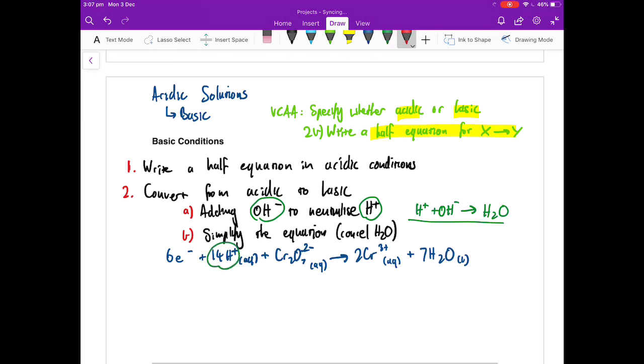So step number 1 is to write our half equation in acidic conditions. We've just done that. Step number 2 is to add OH- to neutralize H+. As you can see on the left-hand side, we have 14H+. So if we want to neutralize this, I'll just skip states for now to save us some space.